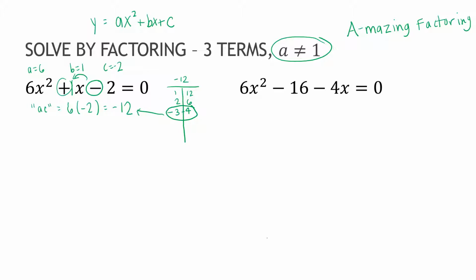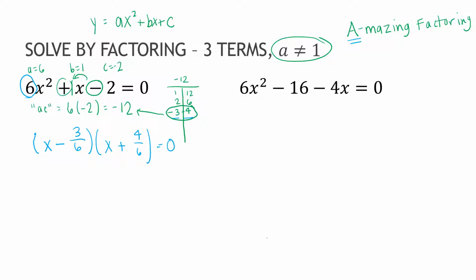a times c. Now, using the amazing factoring all has to do with a, because what I'm going to do is I'm going to say this is x minus, and then I'm going to put whatever my numbers are over a. So 3 over 6, and then x plus 4 over 6.